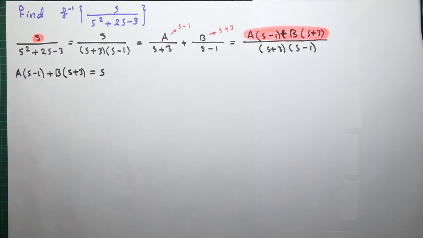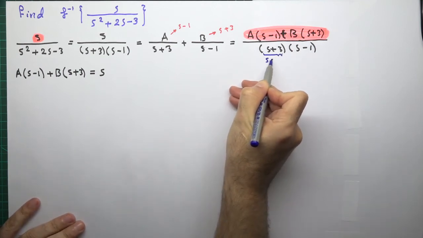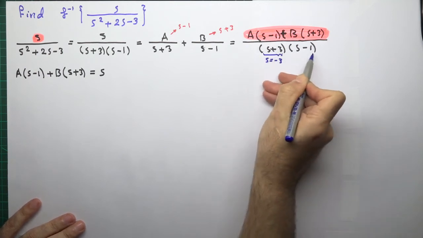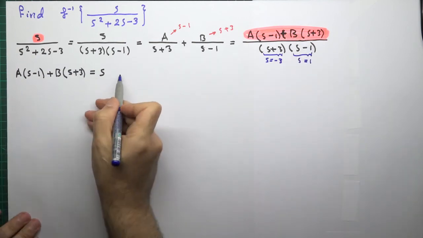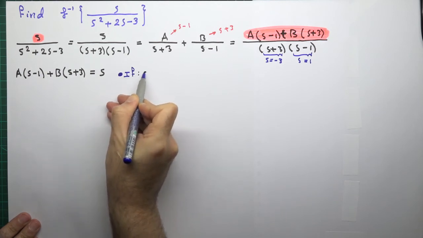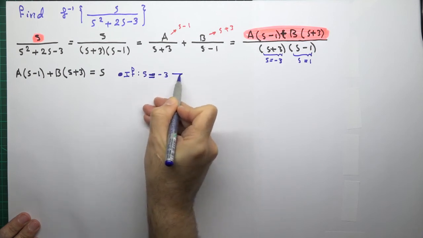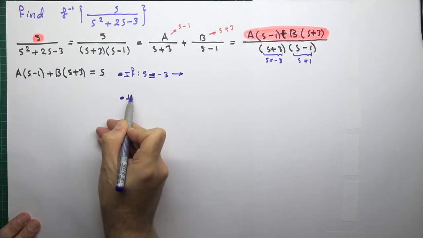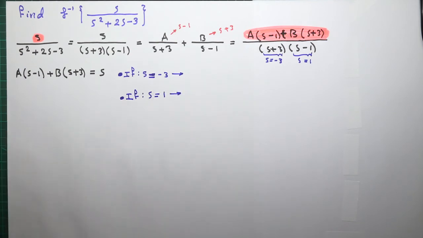Now we have to choose two real numbers to plug in left and right hand of this equality. وطبعا راح نيجي على هذا القوس وراح نختار s equals minus 3 حتى يصير هذا 0، ومن هذا راح نختار s equals 1 حتى يصير هذا 0. إذن here if s equals minus 3, we will get something here, and here if s equals 1, we will get something here as well.